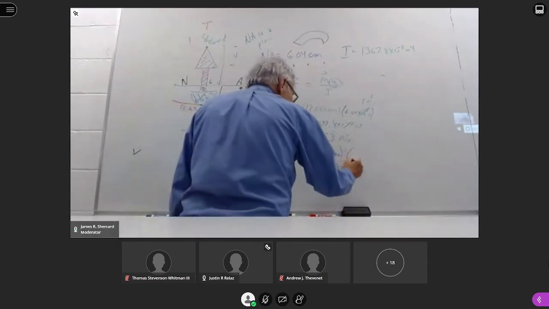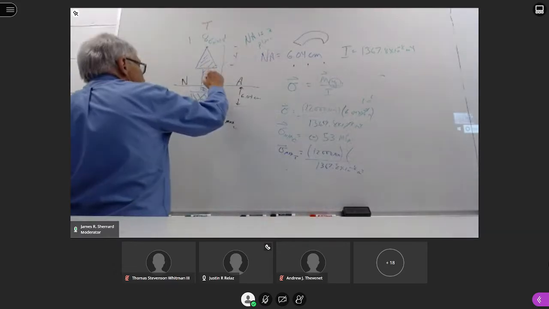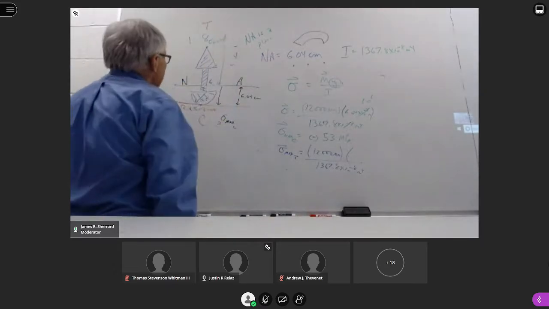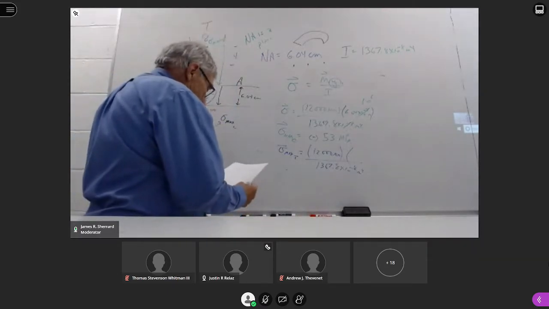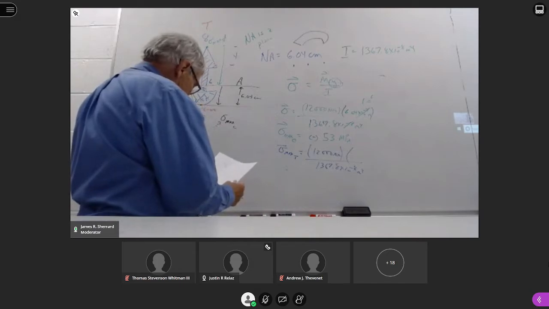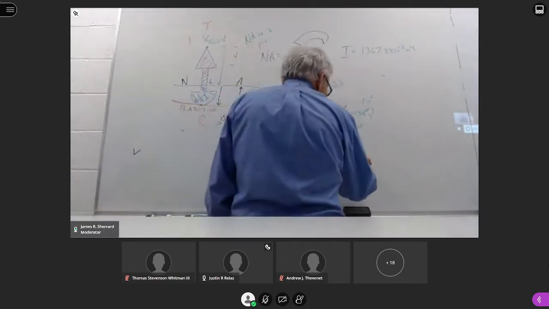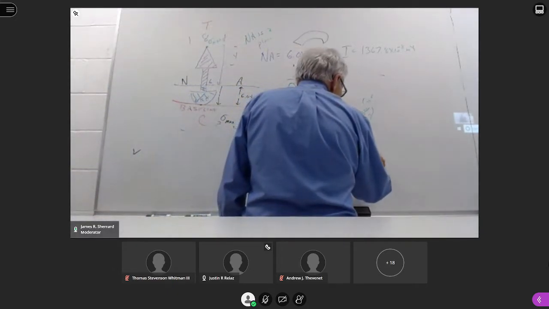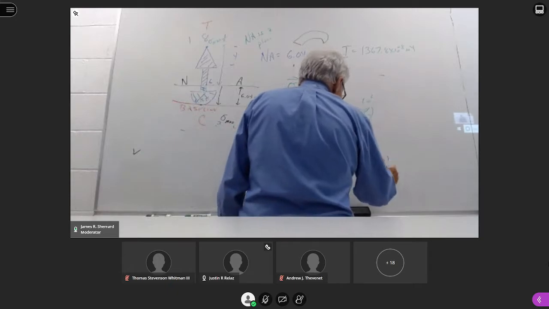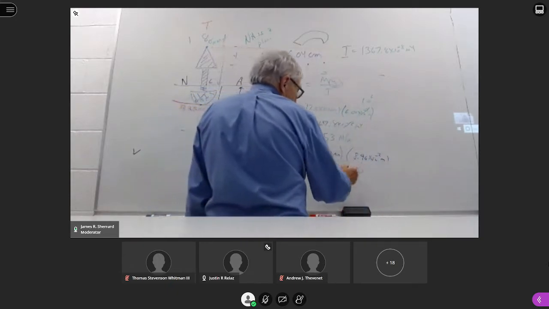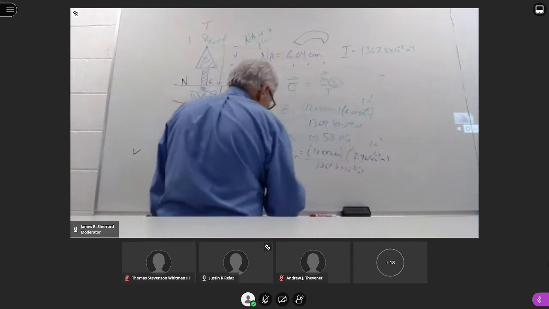But what is this distance? This distance is the distance from the neutral axis to the top. And that value I had be 8.96 times 10 to the minus 2 meters. So you can cancel, you can get your 10 to the 6th.